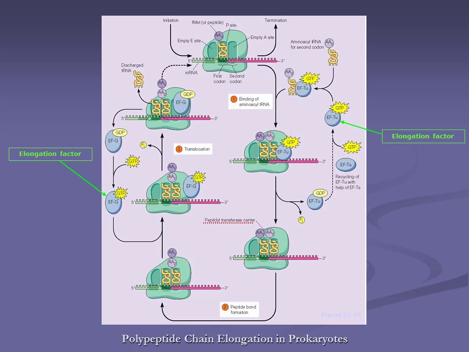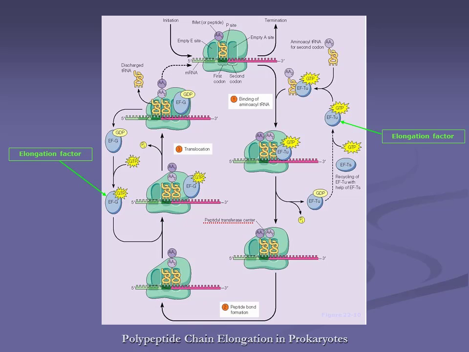Once we're together, we're going to form a peptide bond, and the peptide bond basically is going to be formed as you pass that amino acid from the first P site over to the A site. Everybody see that? So now we have our peptide bond formed, so we can look at it like binding of the next tRNA. Step 2, peptide bond formation.